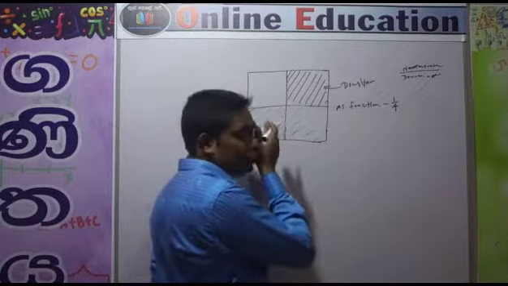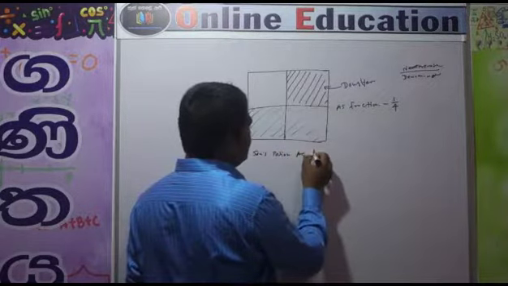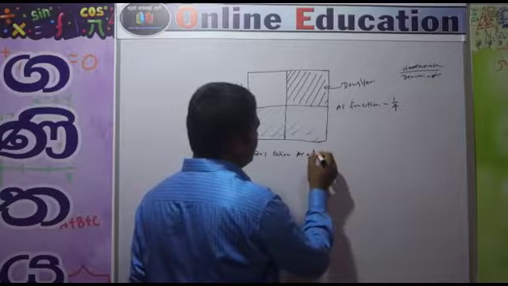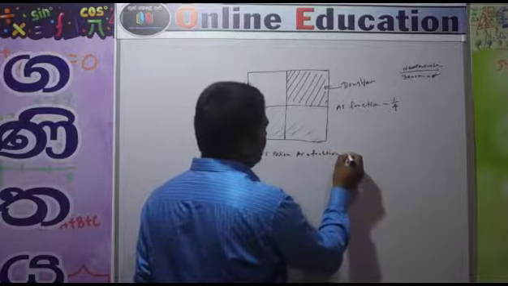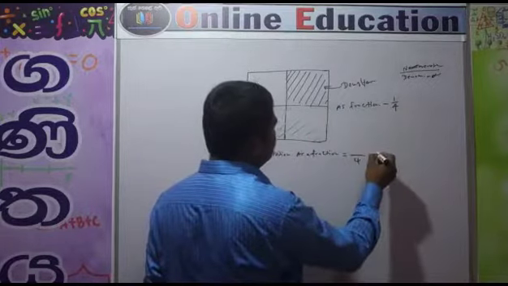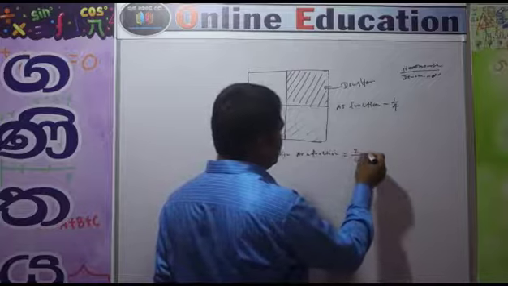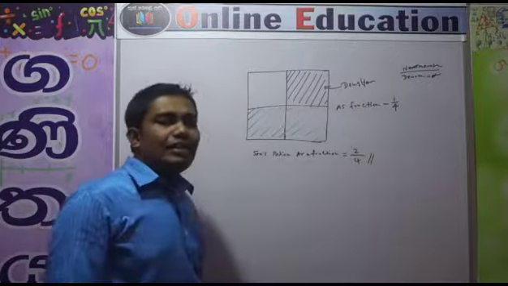What is the total number of parts? 4 parts. The son's portion as a fraction: total is 4, the son has taken 2 parts, so 2 over 4.